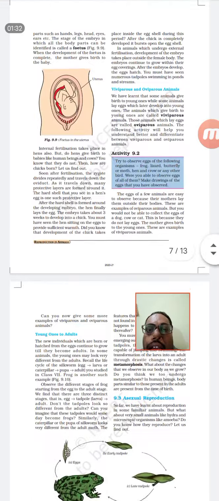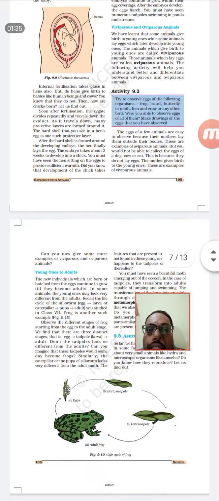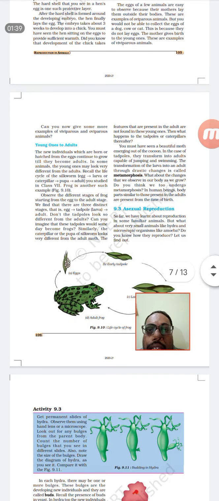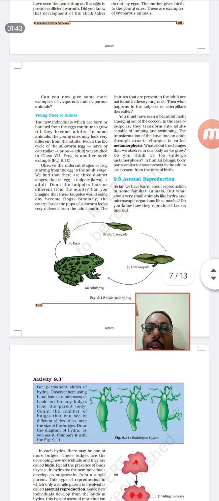In different organisms, the process of development to adulthood takes place in different ways. For example, in frogs and butterflies, the formation of the adult is not direct.